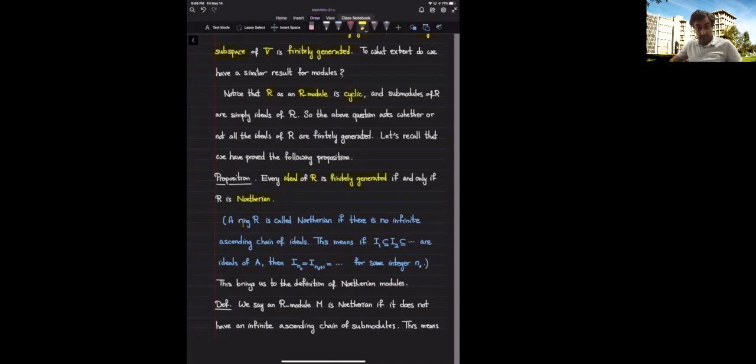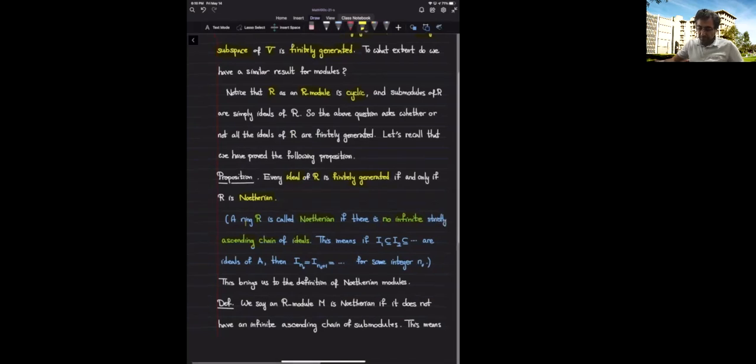So what was Noetherian? We called a ring Noetherian if it has no infinite strictly ascending chain of ideals.